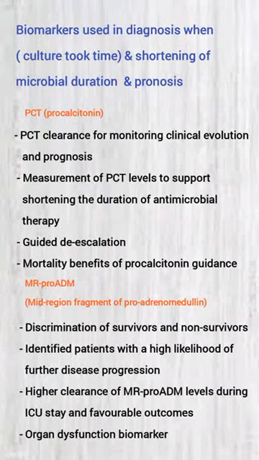Also, studies show other biomarkers for diagnosis of sepsis and prognosis, like mid-region fragment of pro-adrenomedullin, which helps discriminate survivors from non-survivors and identify patients with high likelihood of further disease progression. It also acts as an organ dysfunction biomarker.